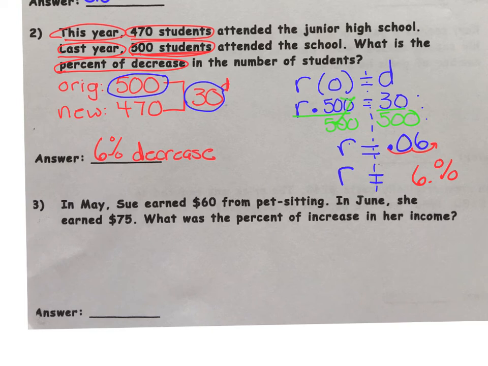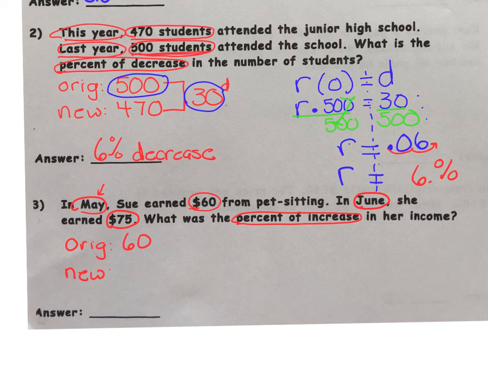Let's do one more together. In May, Sue earned $60 from pet sitting. In June, she earned $75. Clearly, May is the original month. It's first. What was the percent of increase in her income? So our original amount is 60. Please record this in your notes.